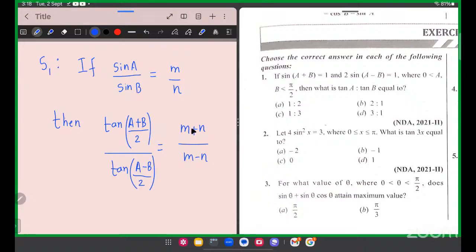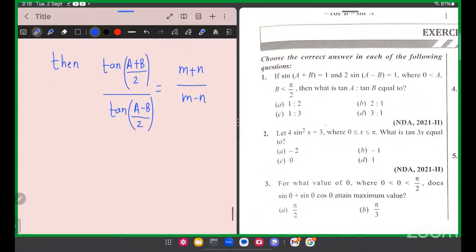So along with these questions, I'm going to tell you some shortcuts which we can use to solve these questions in order to save our time, right? So if sine A upon sine B is equal to m by n, then tan A plus B upon 2 divided by tan A minus B upon 2 is equal to m plus n over m minus n.